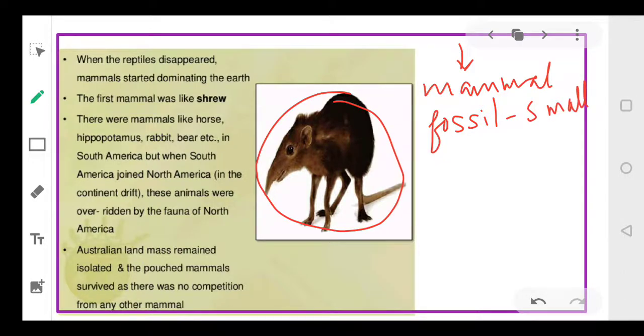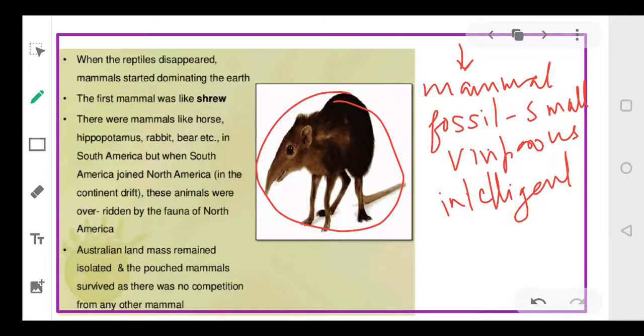They were viviparous. Viviparous means they give birth to young ones. They used to protect their young ones, and they were very, very intelligent. They could easily sense danger.